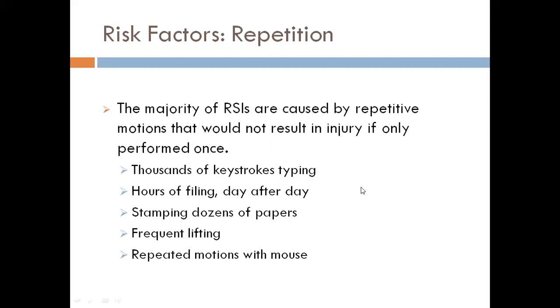Thousands of keystrokes typing. If you are a computer typist, you are typing the whole day. Hours of filling, day after day. If you are doing some form filling activity, it will be a whole day process. Stamping dozens of papers, you are just stamping paper the whole day, so it will affect your hand.